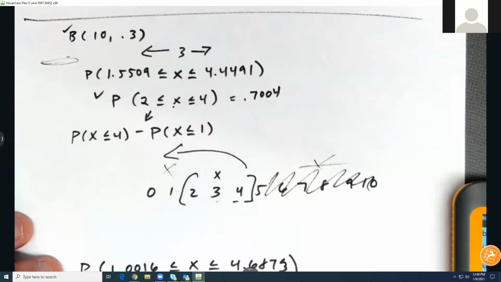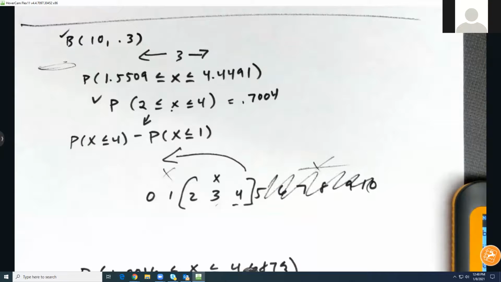My second question is on example 3, when we did at least 5. It was a greater than or equal to sign, right? Yes. It was X is greater than or equal to 5.